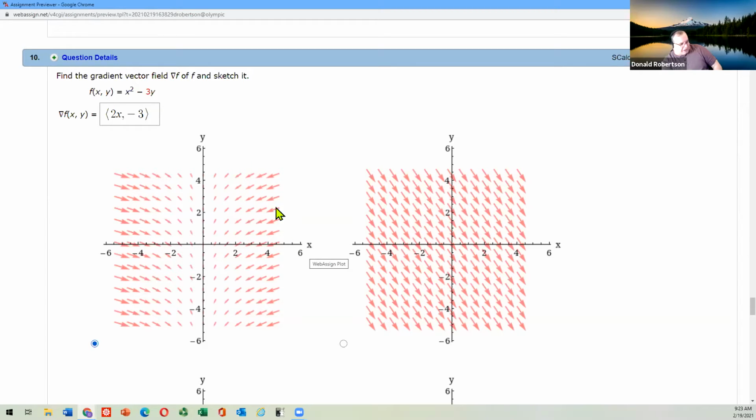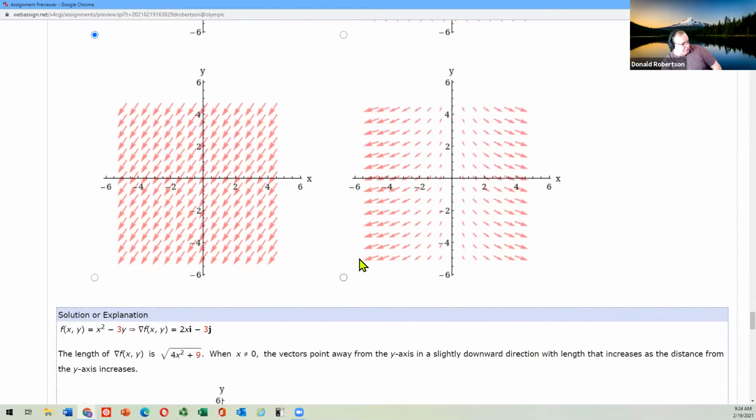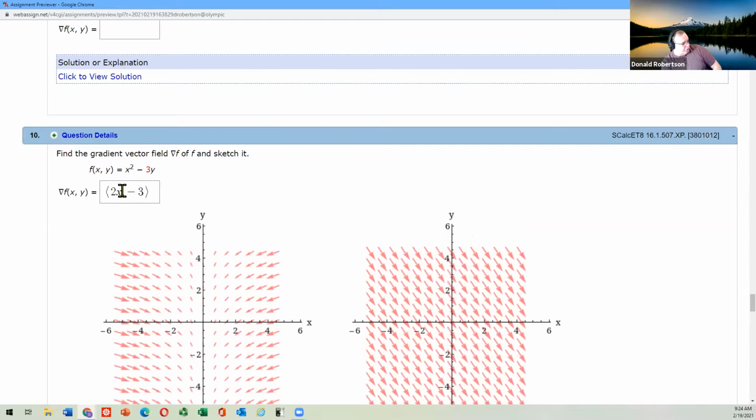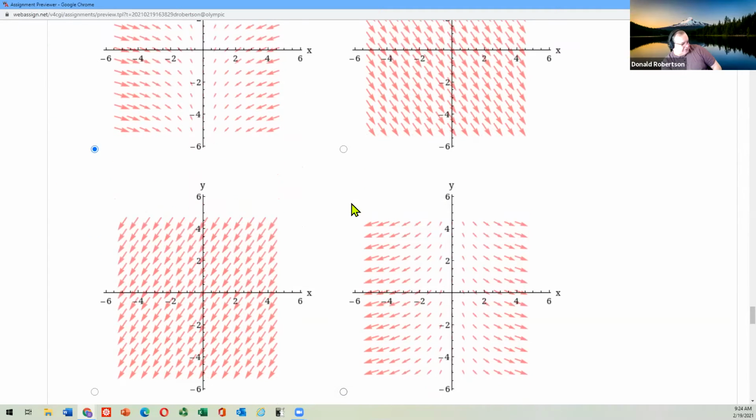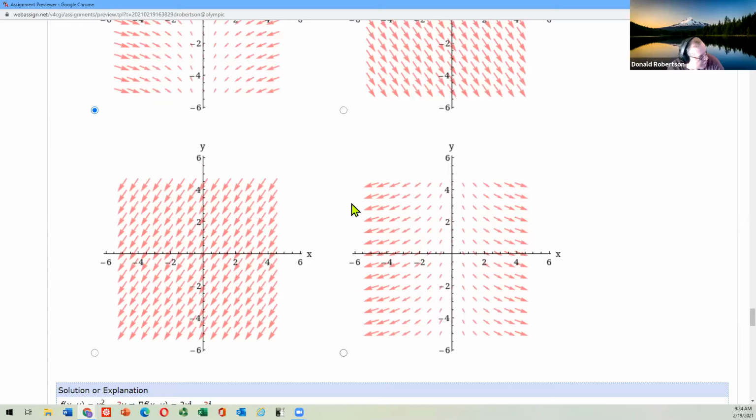They should be pointing this way. Okay, yeah. And they're not pointing this way. Agreed? Some of them pointing total opposite way. So I'm killing it for that reason, right? Okay, we got 2 guys to go. So we got 2x minus 3. Why is it not that one, the third one?